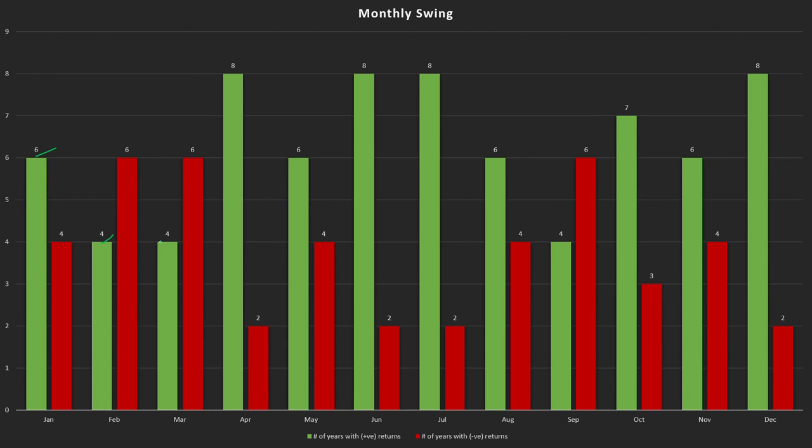February only four, March again only four, April eight times positive return, June eight times positive returns, July eight times positive returns, December eight times positive returns. September is again not good for this sector with only four positive and six negative returns.